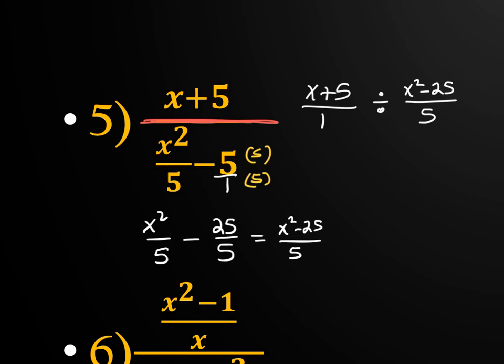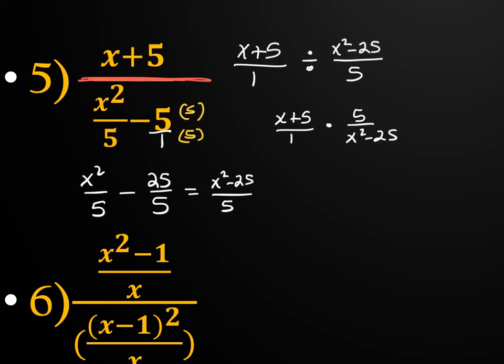So now I do a keep, change, flip. So x plus 5 over 1 times 5 over x squared minus 25. I now need to factor this difference of two squares. It becomes x plus 5, x minus 5. Let me rewrite it now.